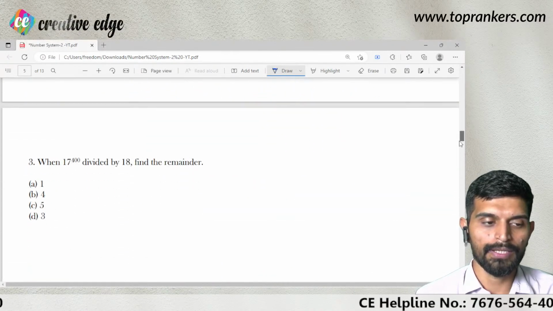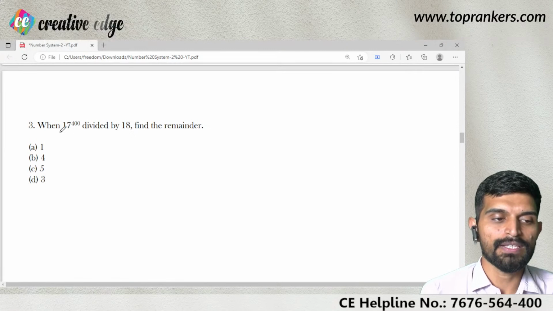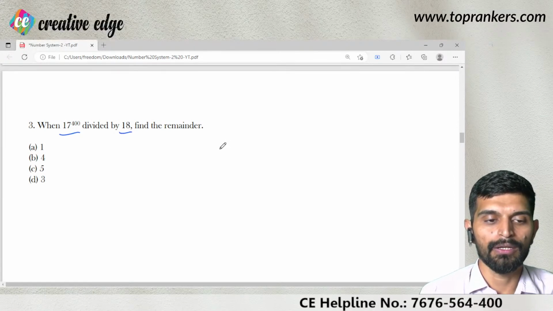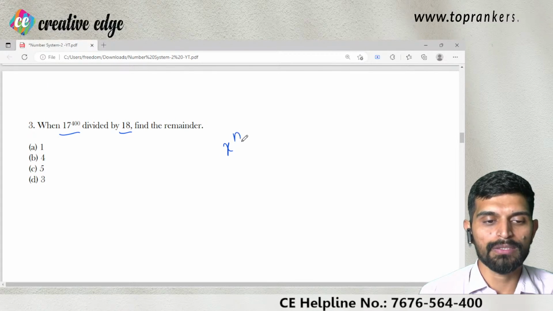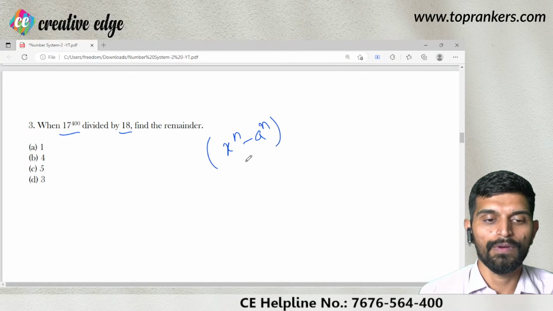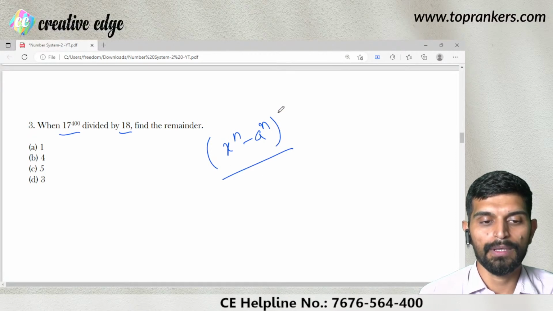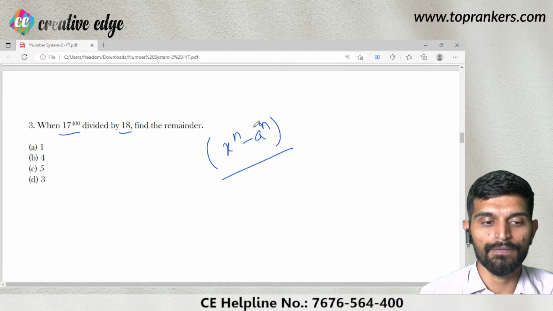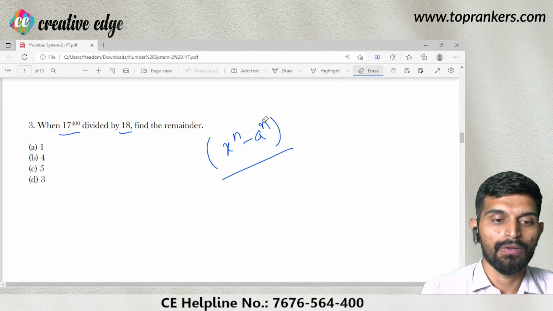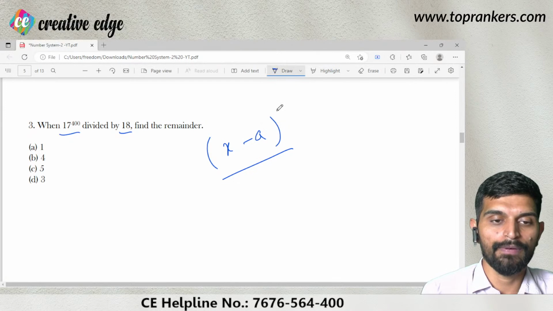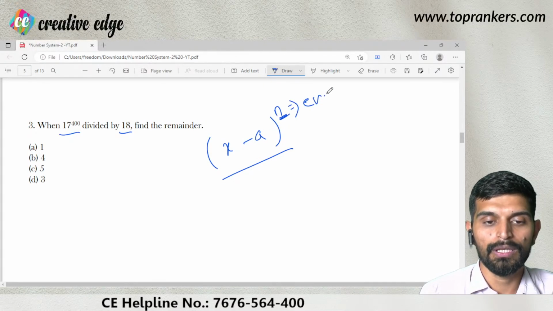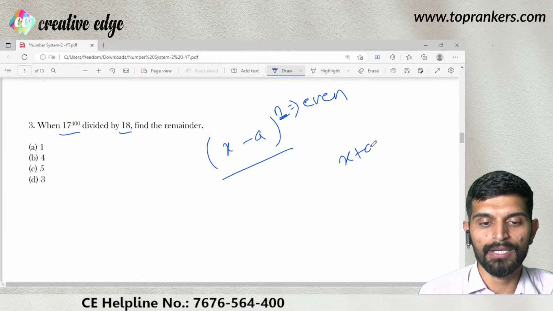Let's look at the next one. When 17 to the power 400 is divided by 18, find the remainder. So we apply the rule: x to the power n minus a to the power n, when this power n is even, is divisible by x plus a.